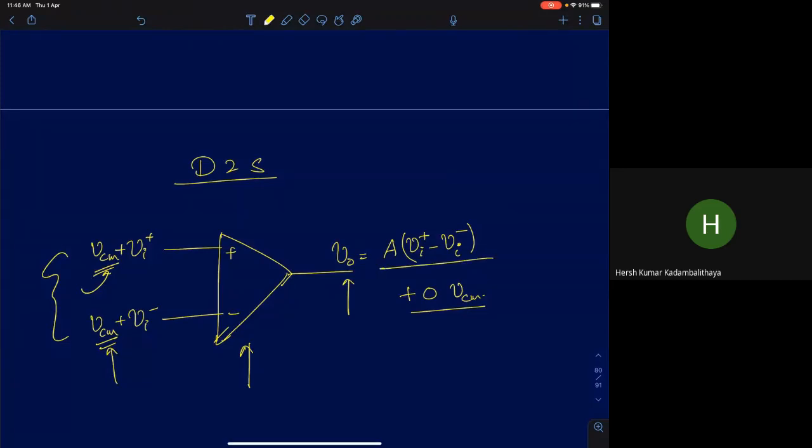Meaning it should be A times the differential input, Vi plus minus Vi minus. And for common mode, it should offer 0 voltage gain. So it should not respond to any common mode changes. So we need to build a differential to single-ended amplifier which can do this for us.